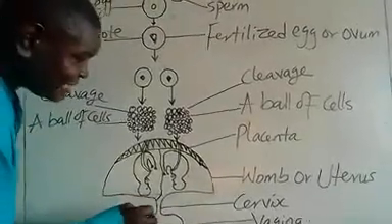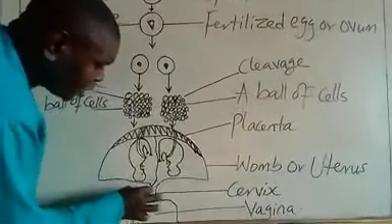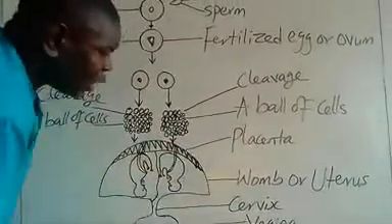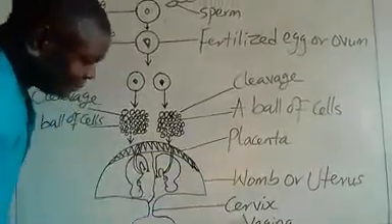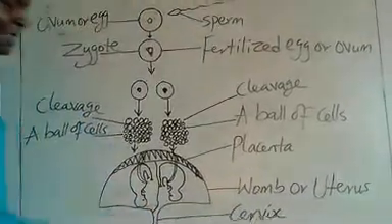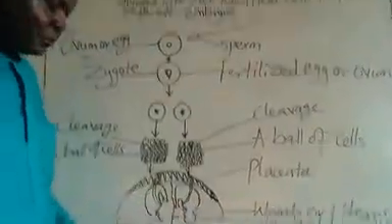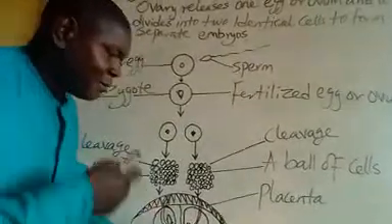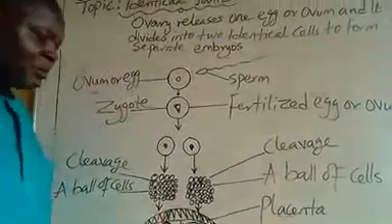Here we have the cervix. The cervix is another tube that controls the opening and the closing of the vagina. We have the vagina. The vagina is an organ that is used for sexual intercourse. It serves as the birth canal. It is used for menstruation.